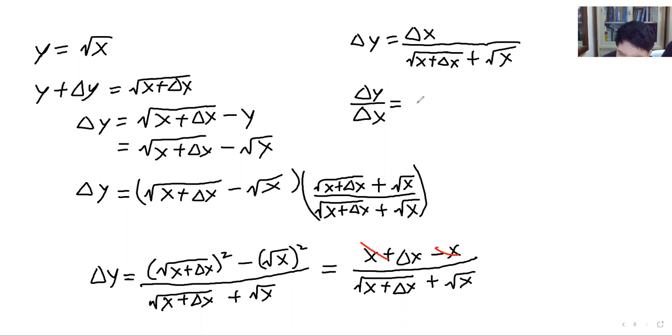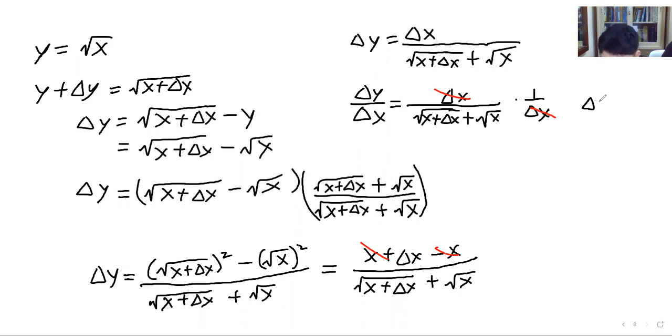Multiply this by 1 over delta x. Show us step by step. Okay, so now delta y over delta x becomes what? Show us first, delta y over delta x. We're not inside your mind. Make everything clear.